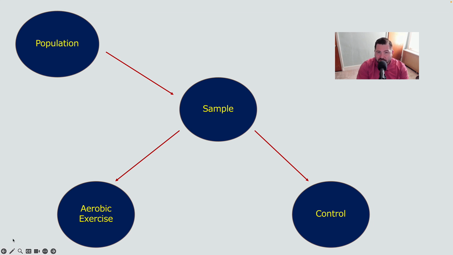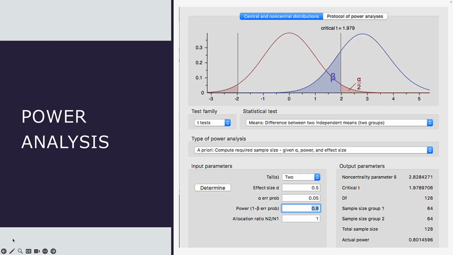So we take a smaller subset or a sample of that population, and then in the context of this independent groups t-test design, we want to randomly assign the people in that sample to either an aerobic exercise group or to a control group.